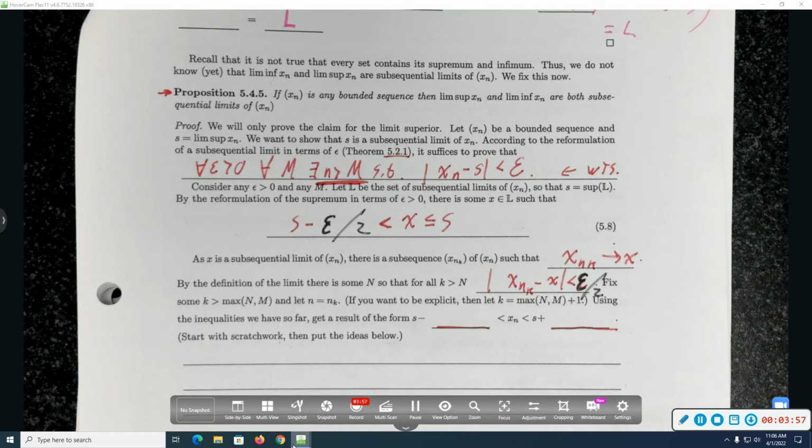That's not a full sentence yet. Because of that, there is some x in L, i.e. a subsequential limit, such that s minus epsilon is less than x, which is less than or equal to the supremum.